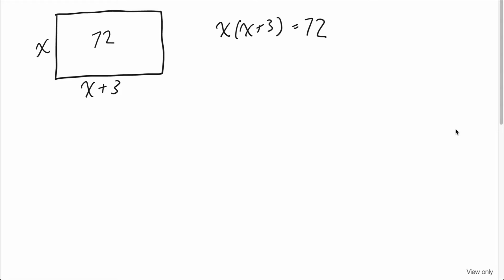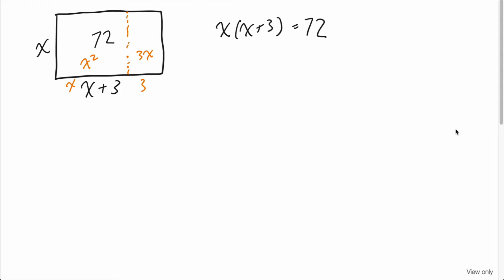Now, there's an algebraic way of solving this, which is basically, let me just do another color here, say orange. If I put in this orange dotted line, that to be 3 and x there, then this is x squared here and 3x here.